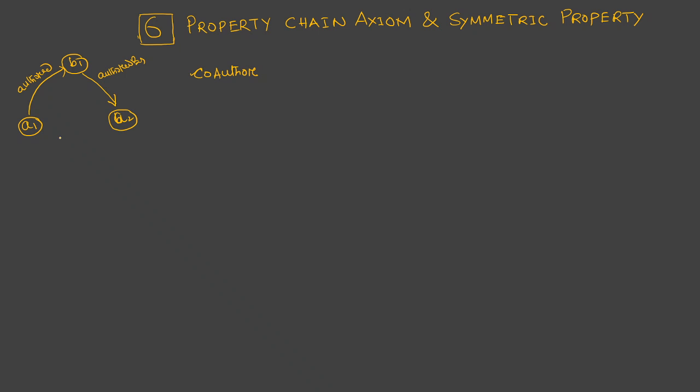Now in that case, you can say that these two are related via this co-author relationship. So we have a chain starting from A1, following this authored relation, hopping over B1 and following the next relation, which is authored by, to come to A2.